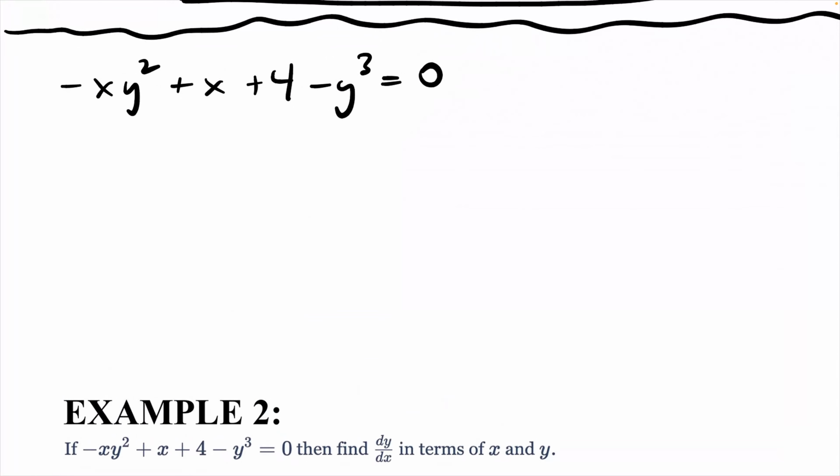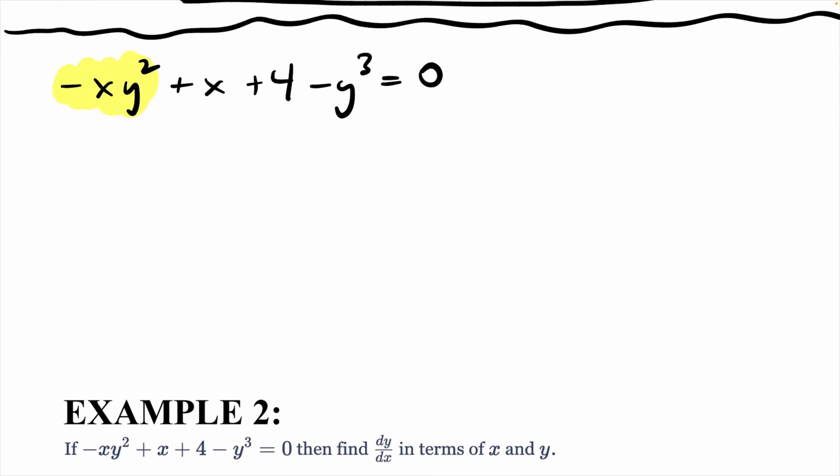Does it become minus 2xy or does it just become minus x2y? Which one are we talking about? The first term. So what are we going to do with that? How do we find the derivative of the first term? Multiplication rule. There you go. Product rule. Yep.